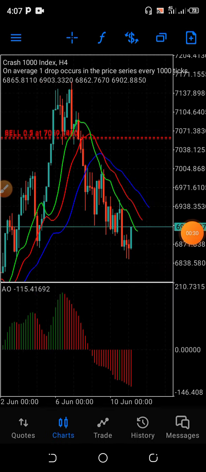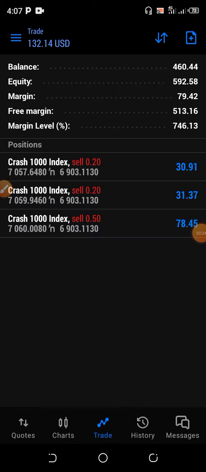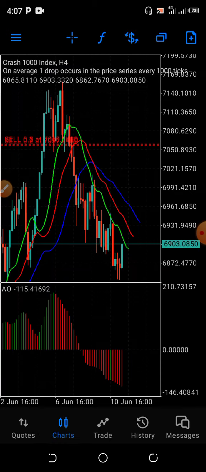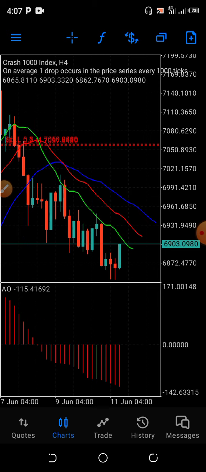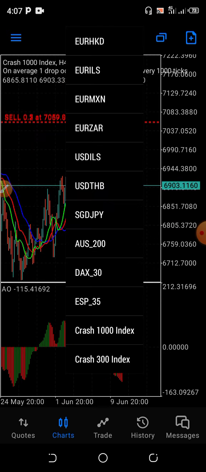All right, so this is the trade I entered, and I always like to show things the way they're supposed to be. Let's see, Crash 500, 300.